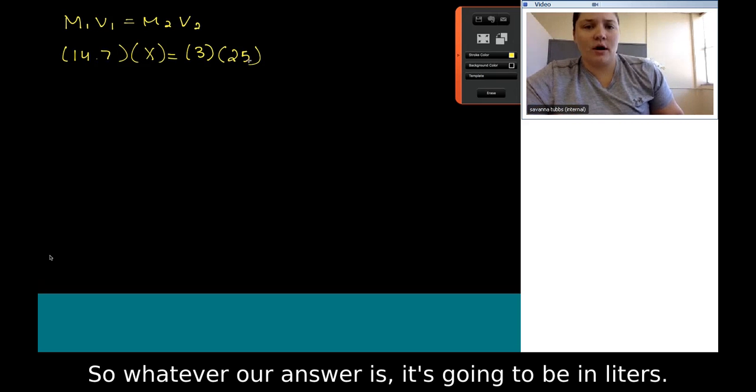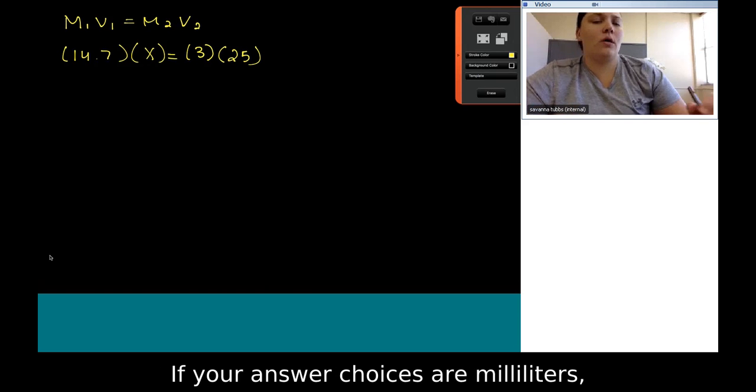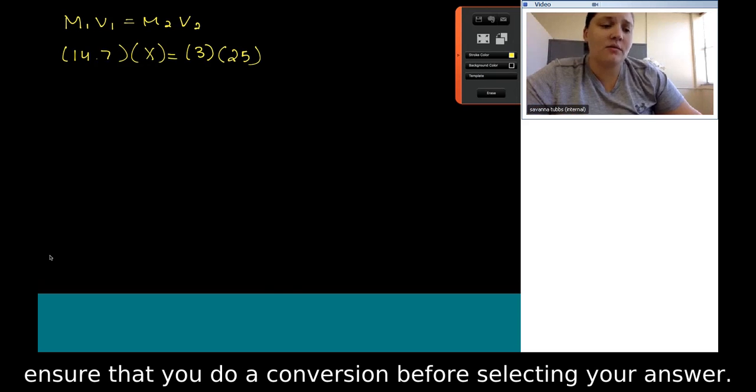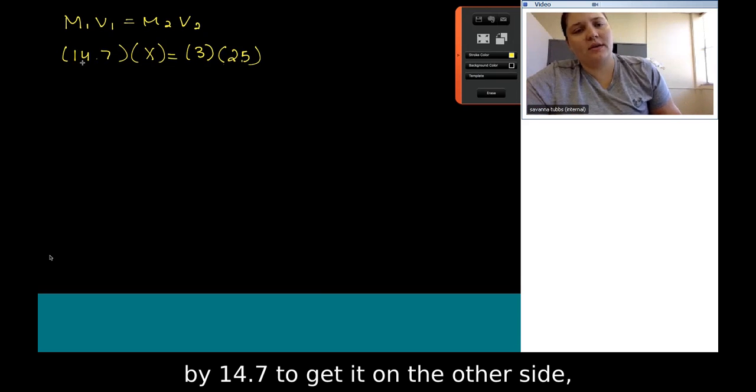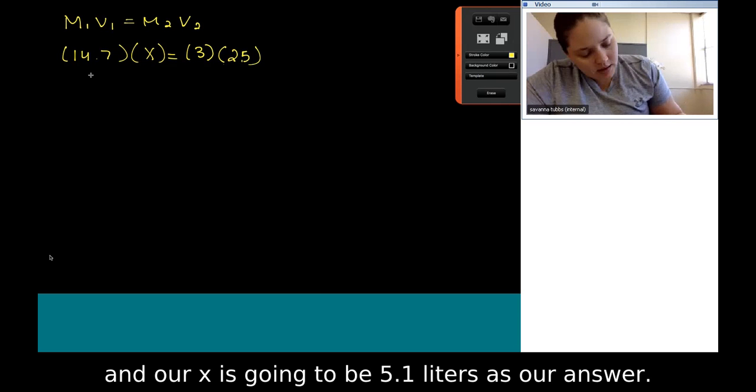So whatever our answer is, it's going to be in liters. If your answer choices are in milliliters, ensure that you do a conversion before selecting your answer. So you're going to multiply 3 times 25, divide by 14.7 to get it on the other side, and our X is going to be 5.1 liters as our answer. Pretty simple.